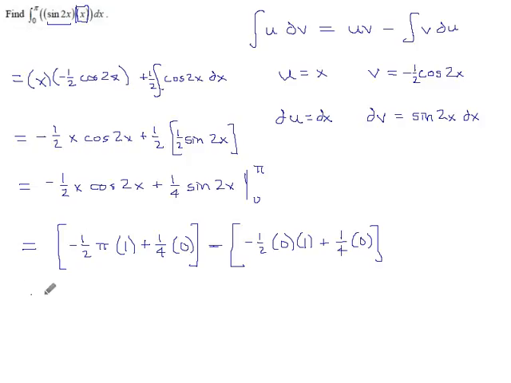So when we finish cleaning this up, we get minus 1/2 pi plus 0, so that just vanishes. And then this whole thing vanishes, so minus 1/2 pi is actually the whole story. Or rather, sorry, it's not the value of the antiderivative, it's the value of the definite integral.